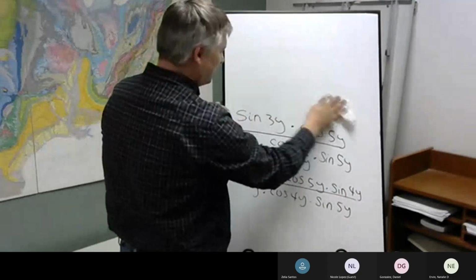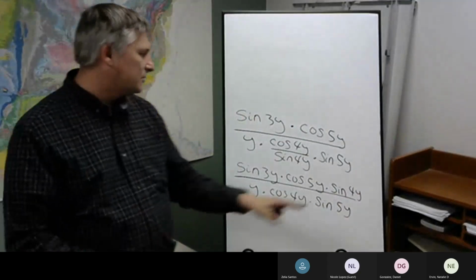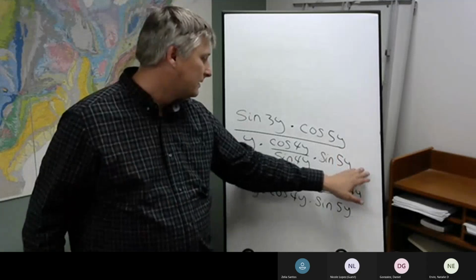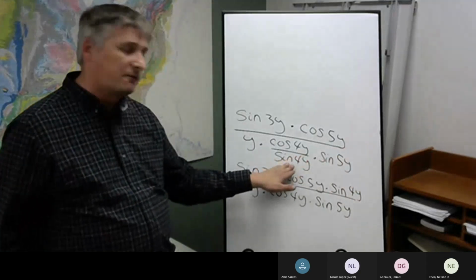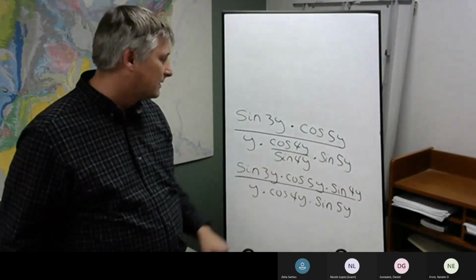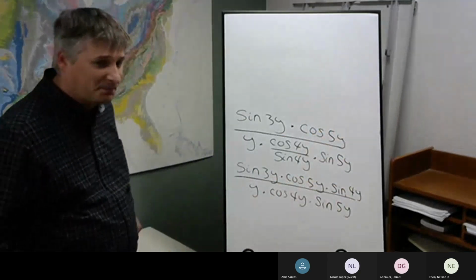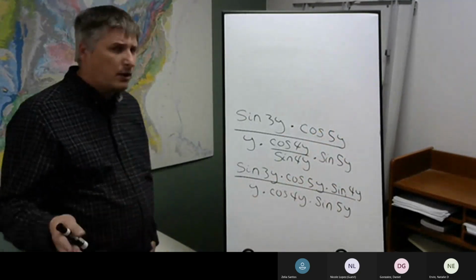Now, if you're not sure what I did, you can multiply again top and bottom of this by sine of 4y. So sine of 4y are going to cancel. And then you'll just have sine of 4y on top here. Any questions about that?